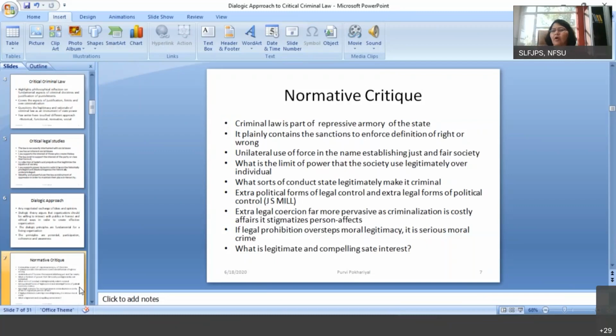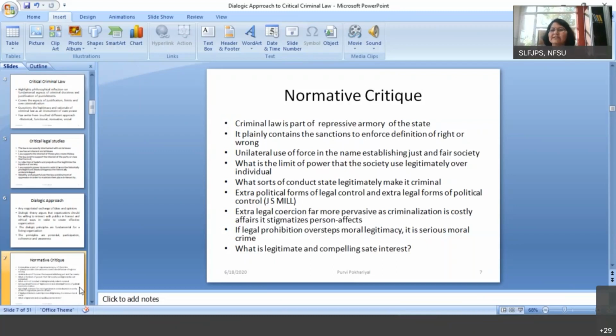Law has always been, and specifically the criminal law, and we have a number of examples even in the Indian context, wherein the criminal law has become the repressive armory of the state, because it only contains sanctions to enforce the definition of right or wrong.